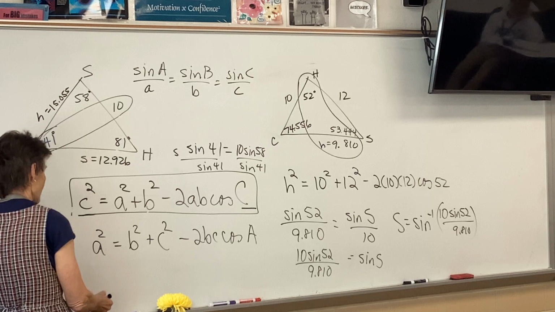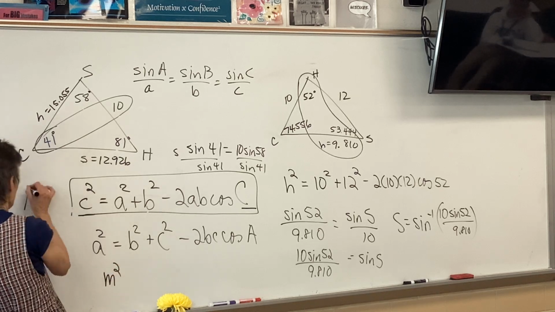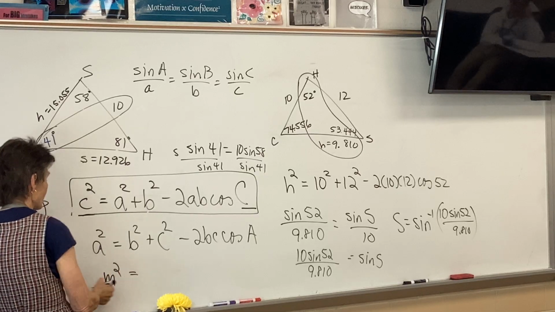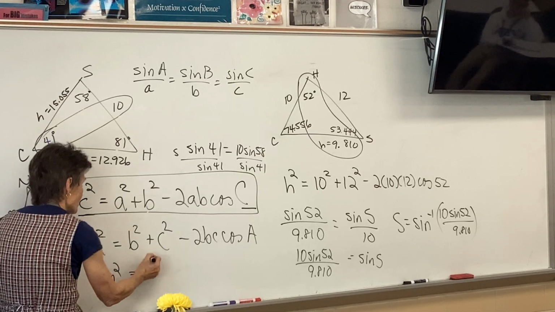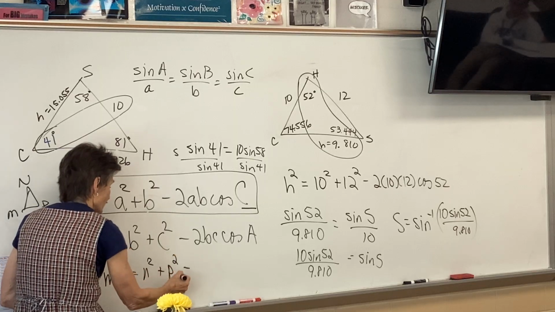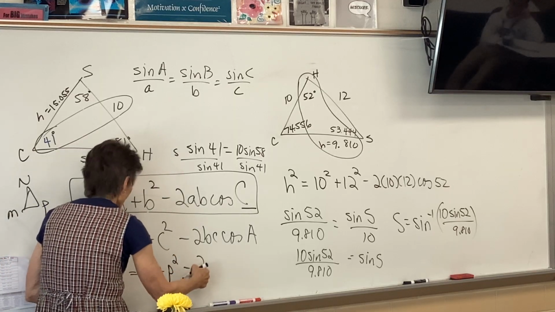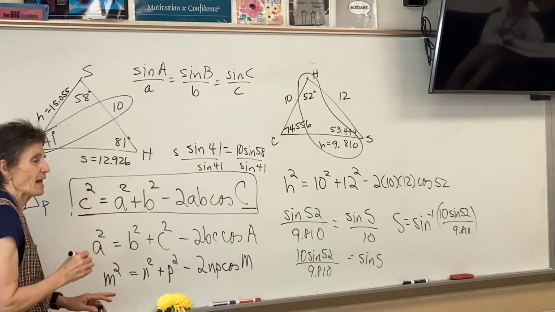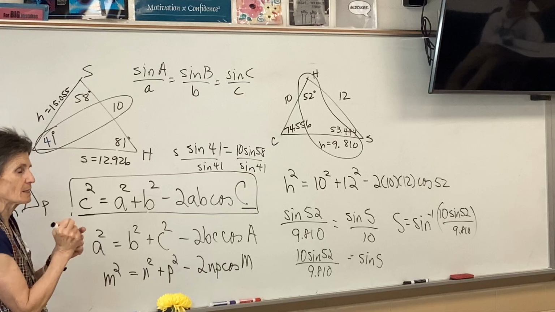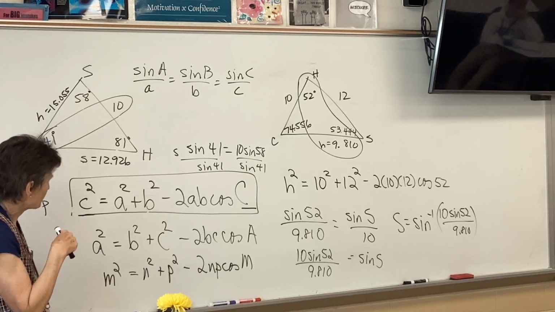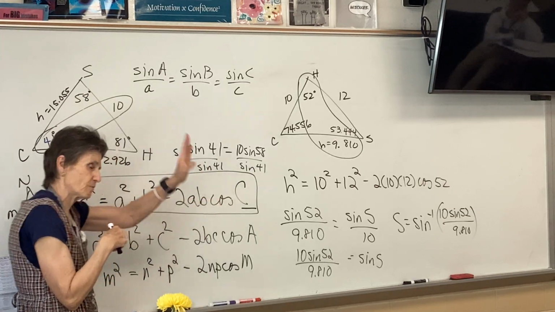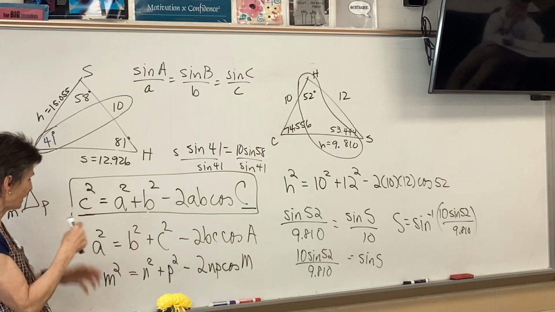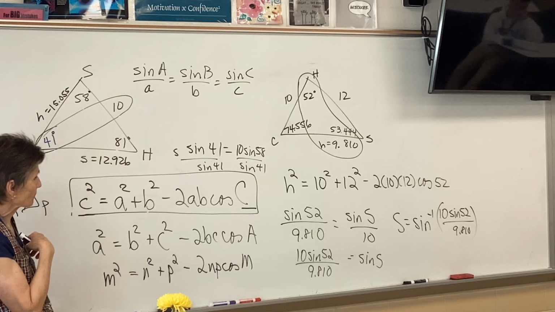So, one more time, if I did m squared, my triangle was MNP, m squared would be n squared plus p squared minus 2, it's always minus 2, np cosine M. That's the pattern of the law of cosines. I discourage people from memorizing it for the very reason you're talking about, Charlie. If you know the pattern, the way it's set up, that's the best thing.